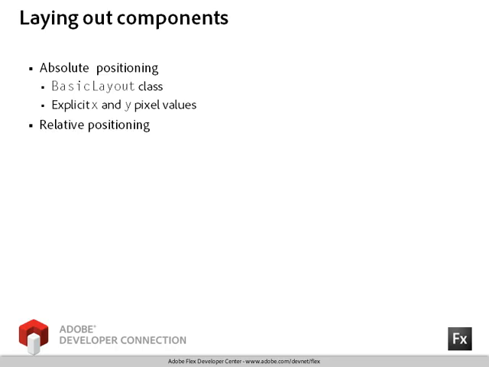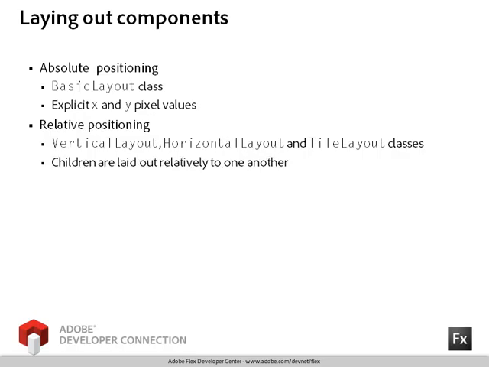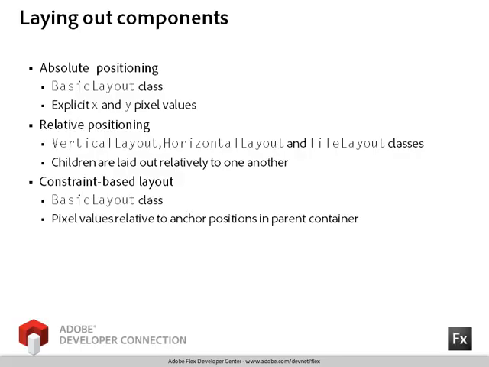Relative positioning uses the vertical layout, horizontal layout, or the tile layout classes, and all the children are laid out relative to one another, vertically stacked, horizontally placed, or tiled in rows and columns. Constraint-based layout also positions the children with the basic layout class, but does not define X and Y properties. Instead, the children define their position relative to their parent container using anchor locations and pixel values. You will learn about constraint-based layout in the next video.